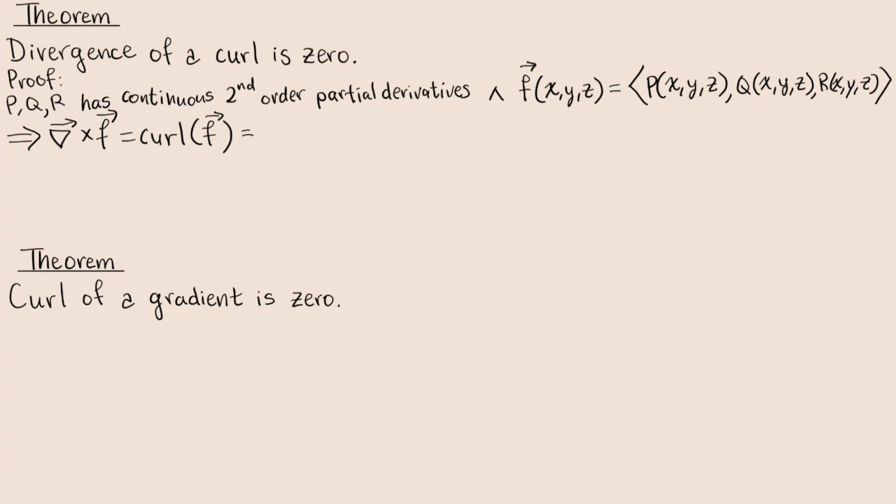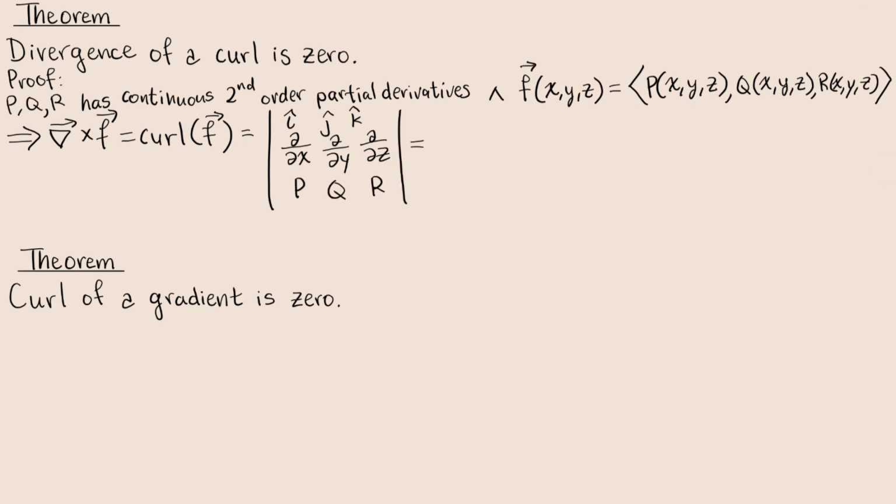And this is equal to, we're going to take the determinant now, i, j, k, the standard unit vectors for R3, then 1, 0, 0, 0, 1, 0, 0, 0, 1. Now I'm going to take the gradient vector, which is just the vector that consists of the partial derivative operations as its coordinates. And then little f vector would be, I'll just write it as P, Q, and R.